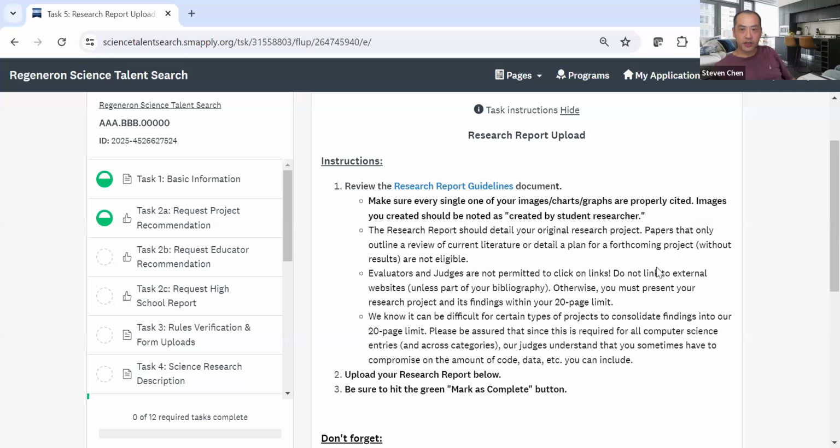So for every image, chart, or graph that you use from some other source, you must put a source here. Okay? You must put a source. You cannot hide the source. This happened a lot with students who did AI research. Think about the following.